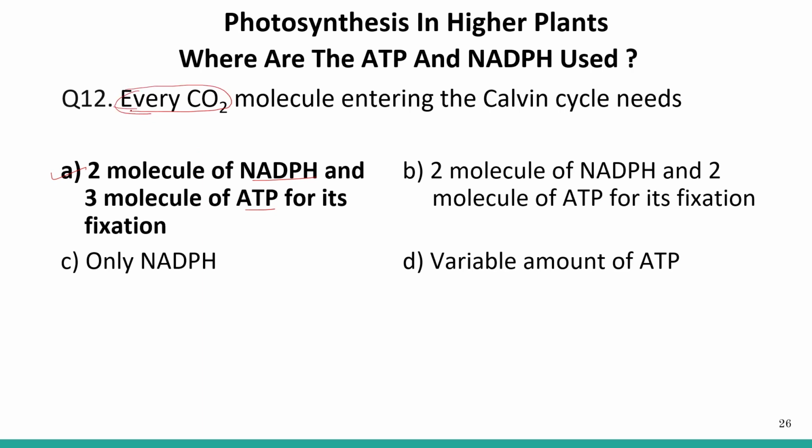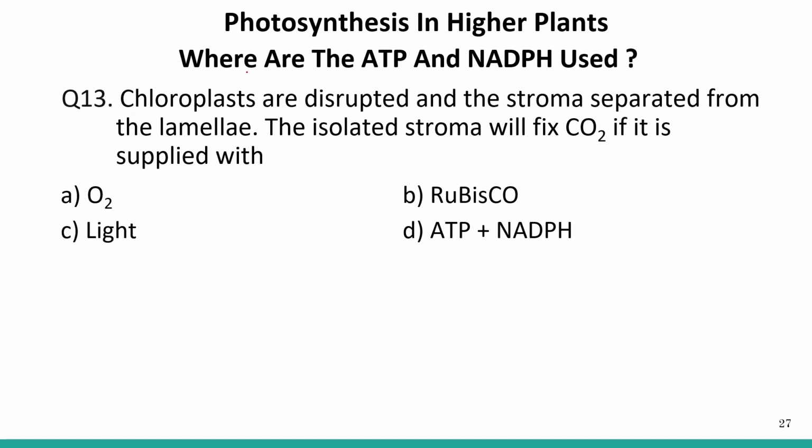Now coming to the next question: chloroplasts are disrupted and the stroma separated from the lamella. The isolated stroma will fix carbon dioxide if it is supplied with what?